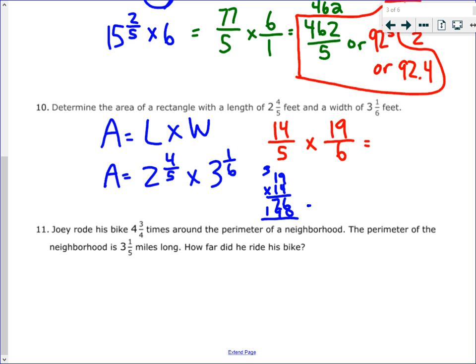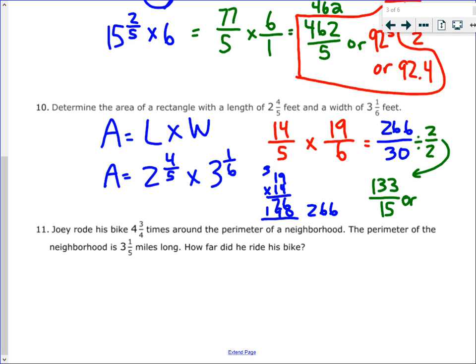I'm sure you already have that. So 266 over 30. We need to simplify that. So we divide by 2. Looks like 2 will work, which gives us 133 over 15. And that's our final answer. We can't simplify any further than that.